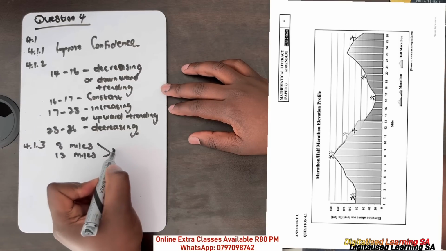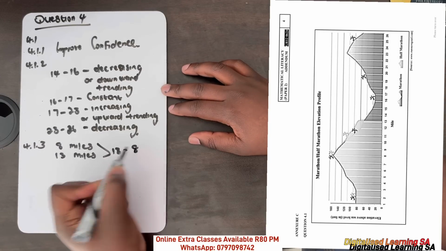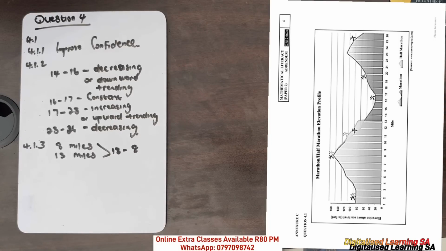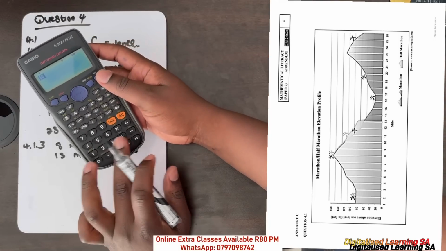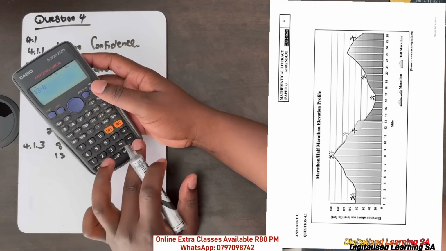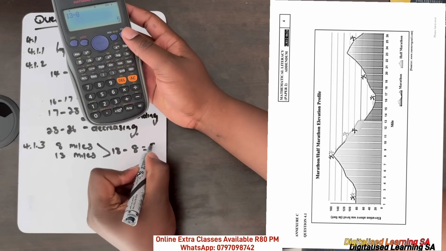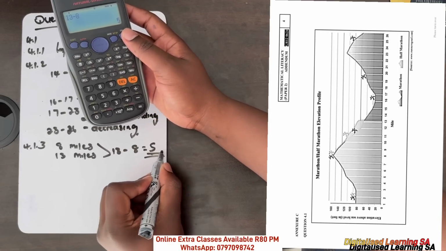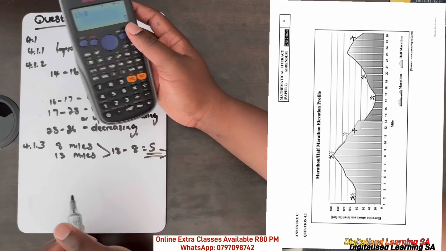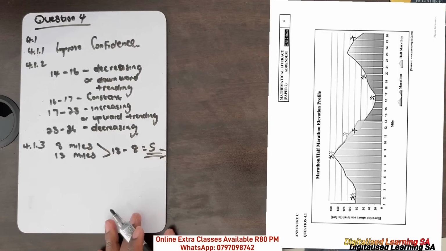So the difference would be 13 minus 8, and 13 minus 8 will be equals to 5. So the difference would be 5.